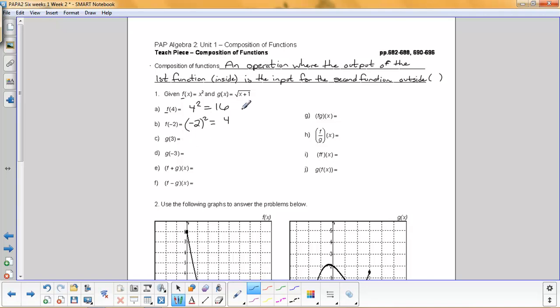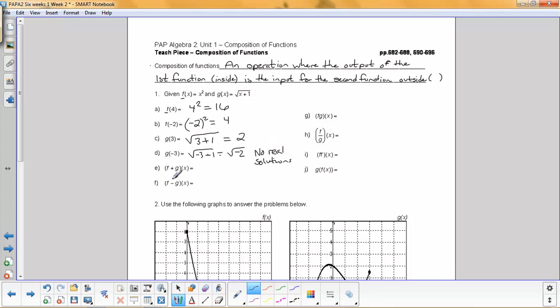Now g, we'll be switching to the other, and we'll be substituting 3 for x, and you get the square root of 4, which is 2. For -3, the square root of -3 plus 1 is the square root of -2. No real solution. We will work on this when we get to quadratics.